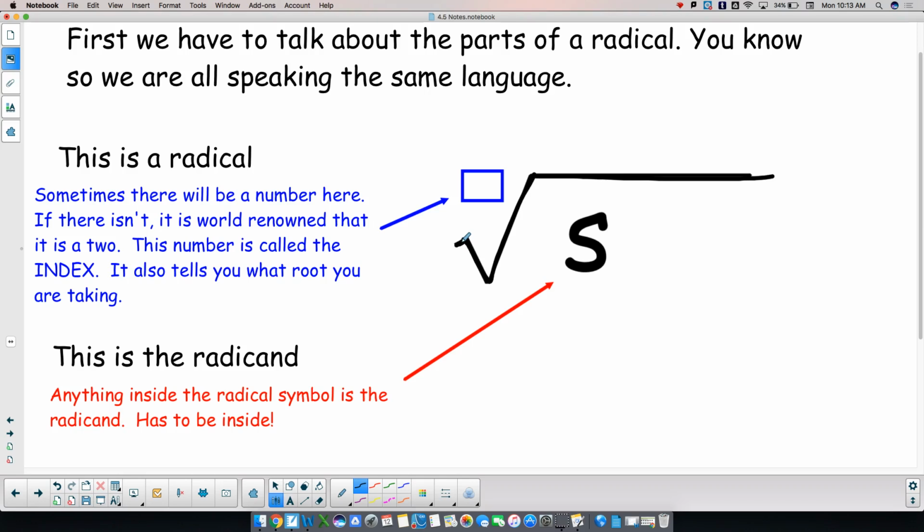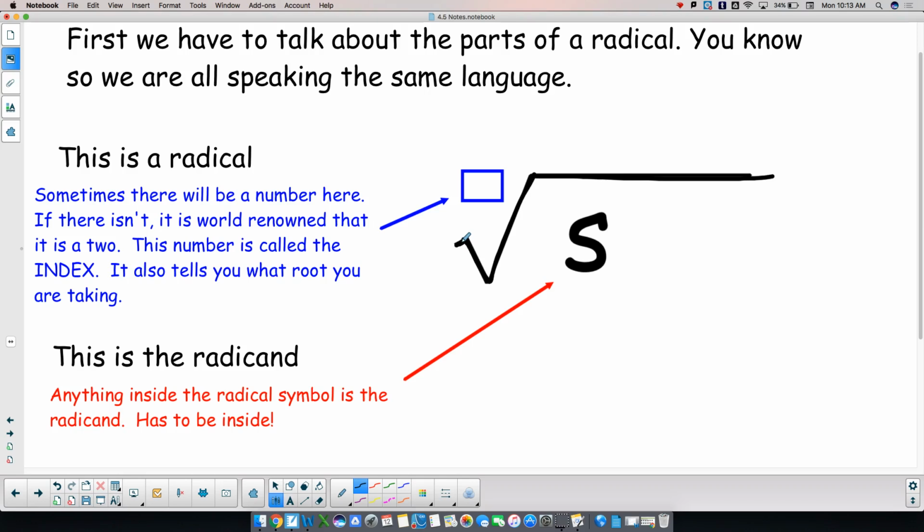The inside part of the radical is called the radicand. Okay? And the radicand is anything that is inside of the radical. It's what needs to be simplified, or it's what should be simplified. Okay? So if there's a perfect index factor inside the radical, that is going to need to come out.